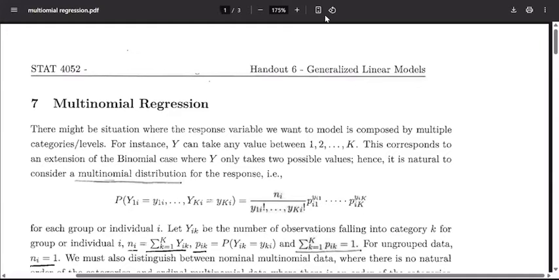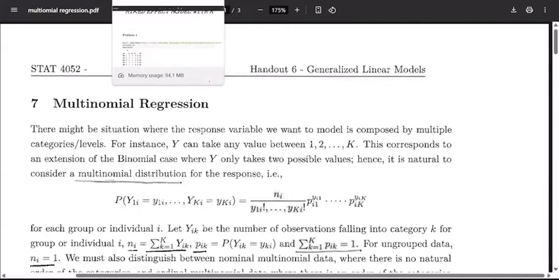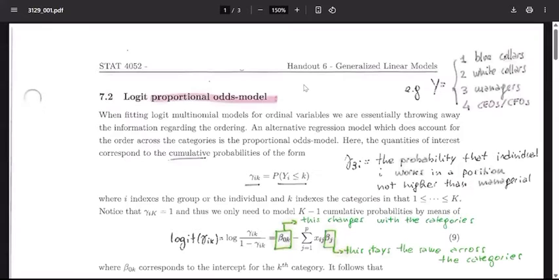And that is going to take us to another topic. I want to welcome you to logit proportional odds models. We're still talking about more than 2 categories, more than 2 levels, but this time around the levels are ordered.